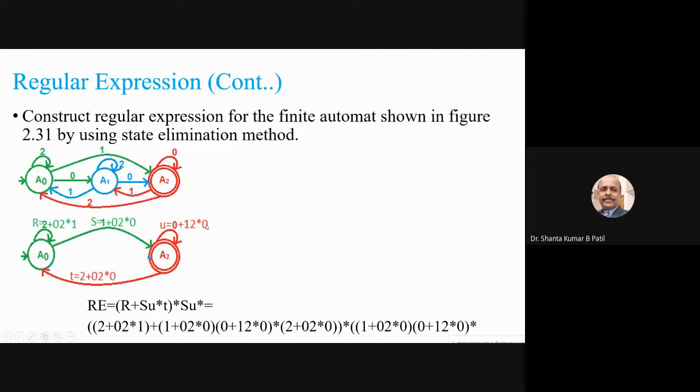So 1, 2 star, 0. From A2 to A0, already one path is there on the 2. After eliminating this, one more path is created, 1, 2 star, 1.